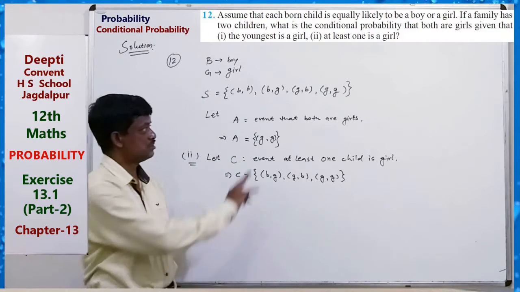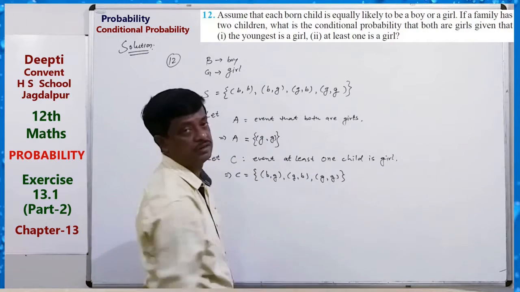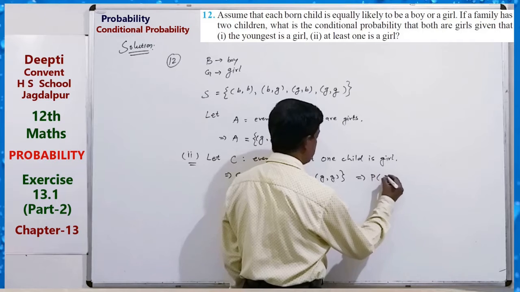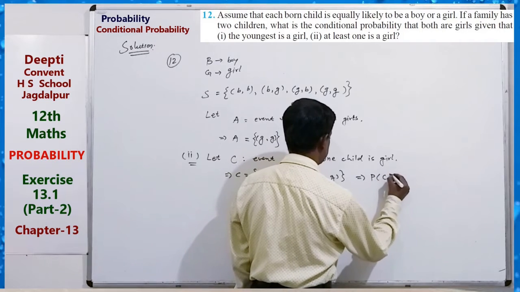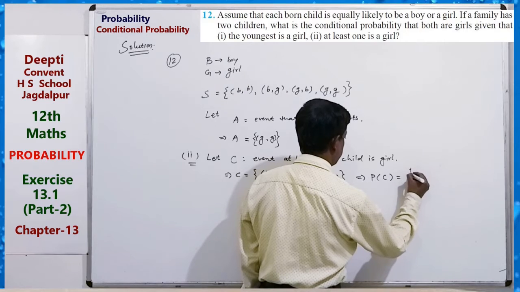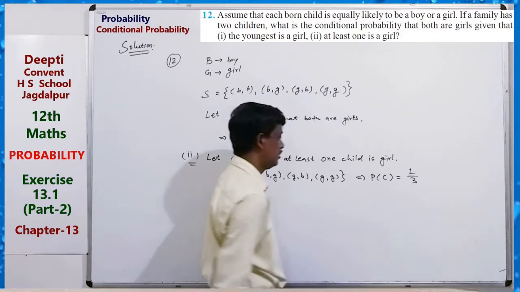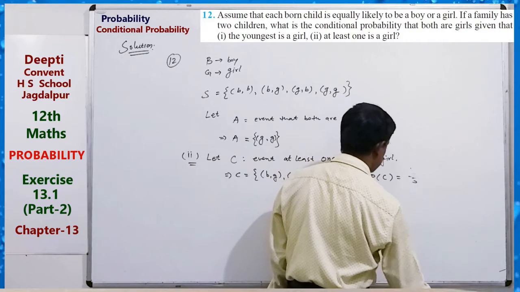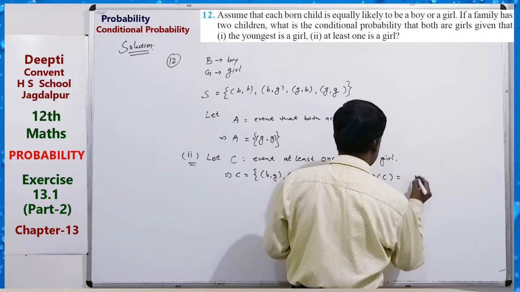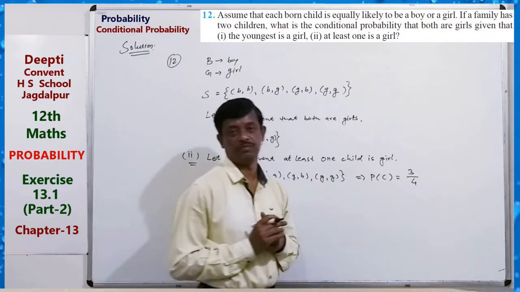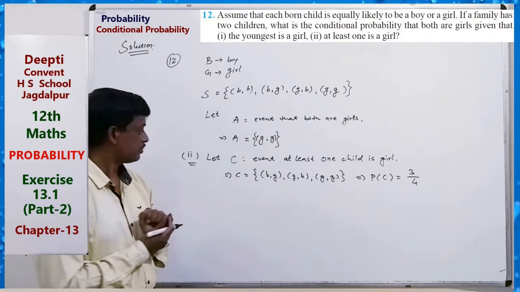So P(C) is, sorry, 3 by 4. Here 3 elements are there, so 3 by total elements 4. Clear?